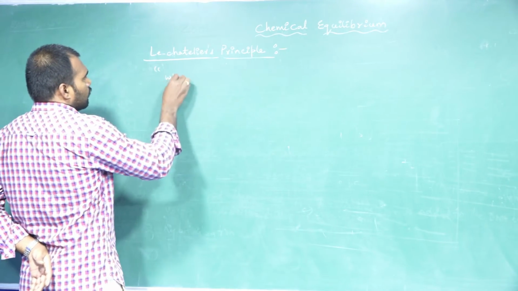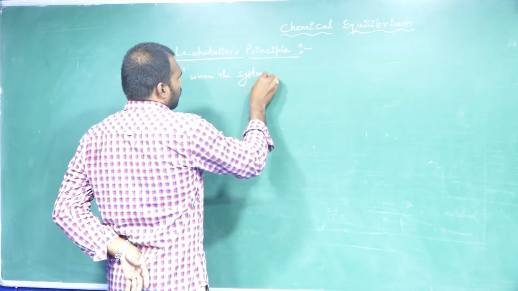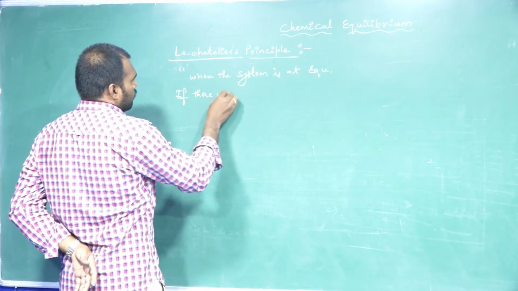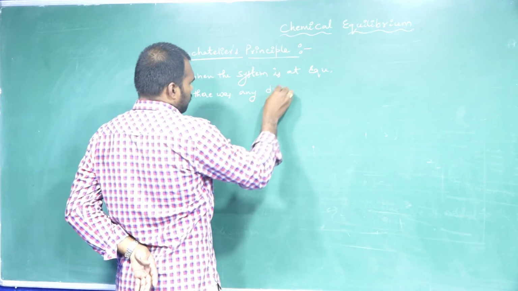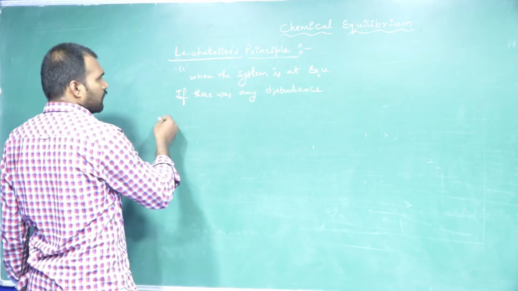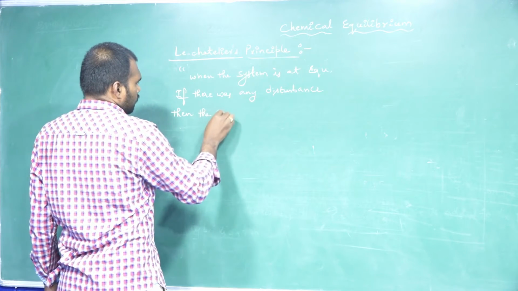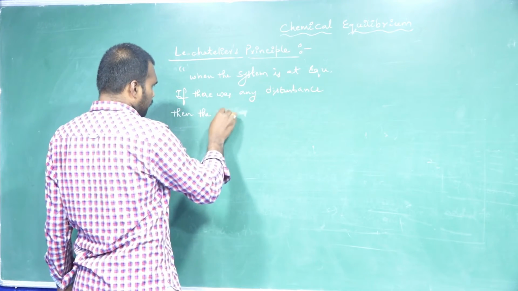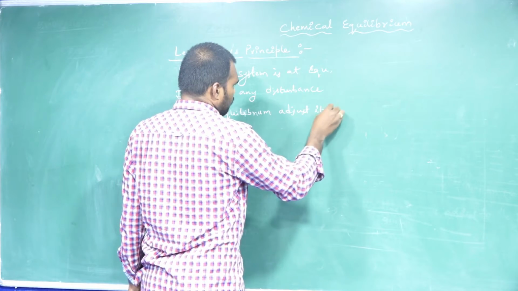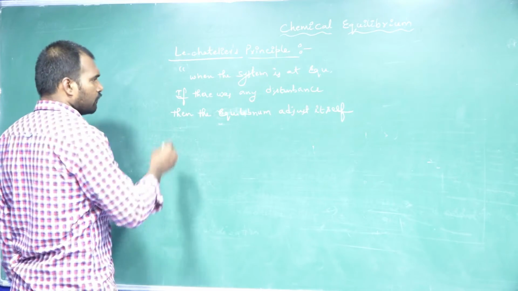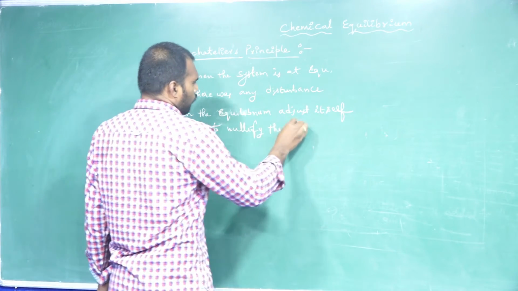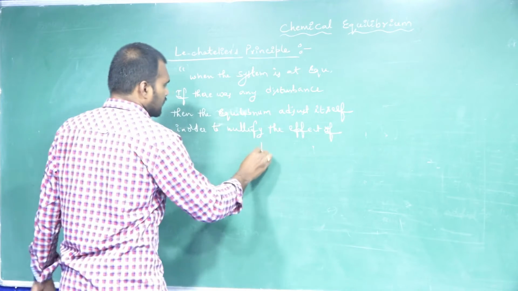It states that when the system is at equilibrium, if there is any disturbance, I'm not writing all the disturbances here, then the equilibrium adjusts itself in order to nullify the effect of change or effect of disturbance.